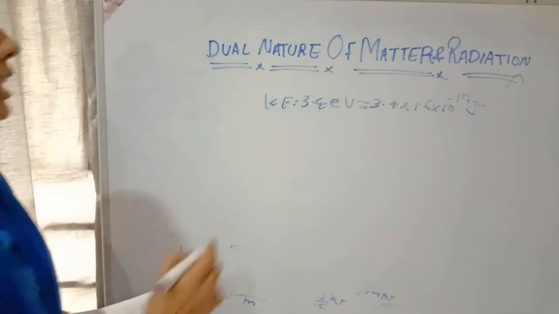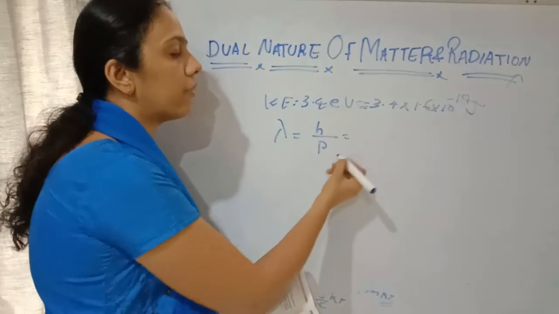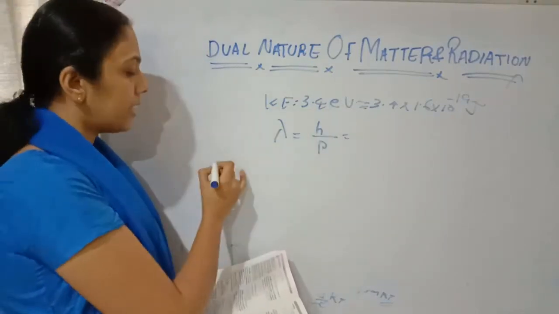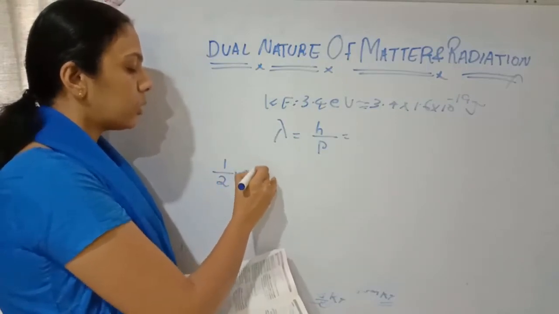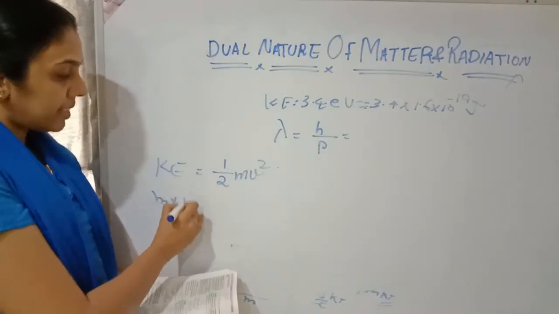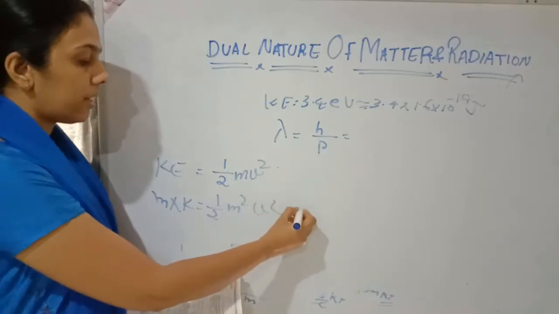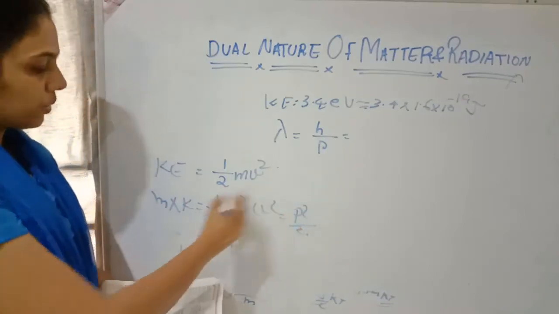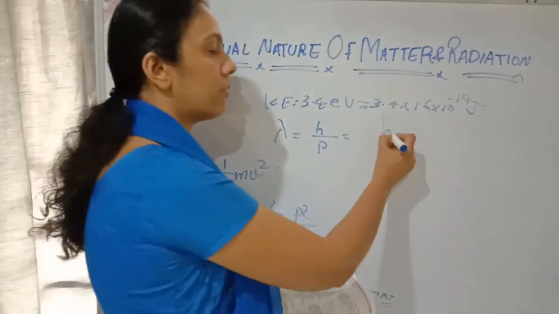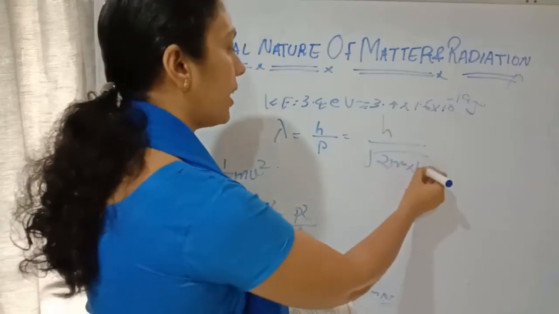We need to find out the de Broglie wavelength. Lambda is h by p, h by mv. How can we represent mv in terms of kinetic energy? We know that kinetic energy equals half mv square, which is p square by 2m. Therefore p equals root of 2m into kinetic energy, so lambda is h by root of 2m into kinetic energy.